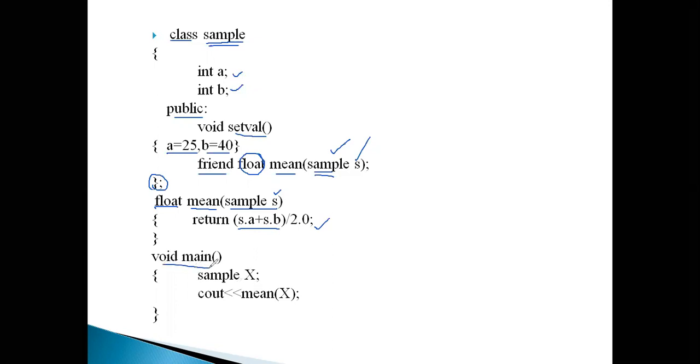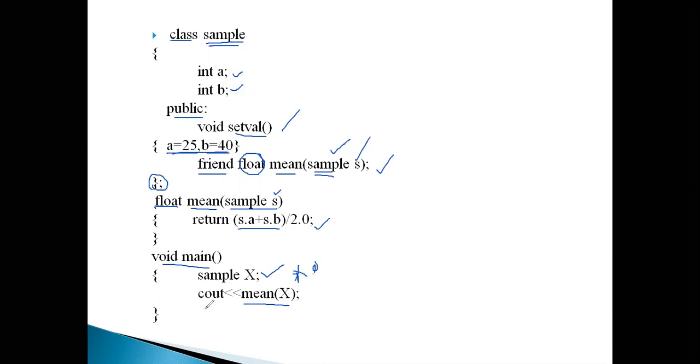And then come to the main function. I am creating the object sample x. So cout mean x, so automatically it is executing this function. Before that, it has to invoke one more function named x.setValue. That statement is missing here. x.setValue is used to assign the values.